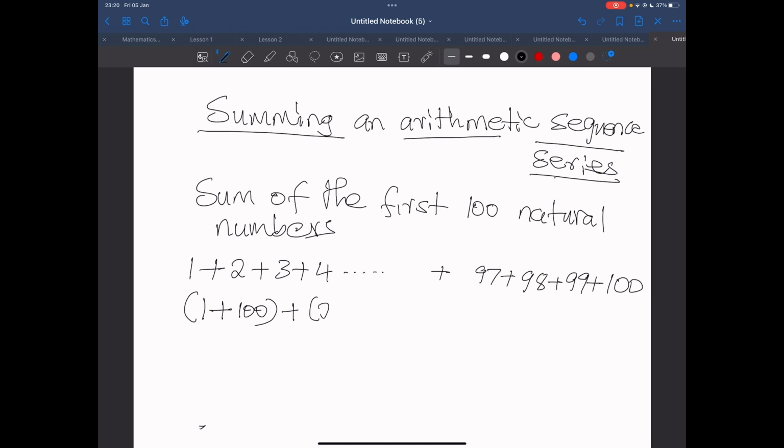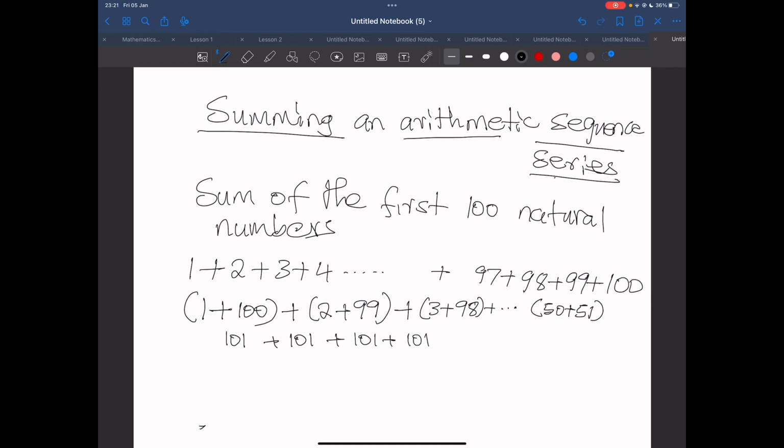He took the second term and paired it with the second last, which is 2 plus 99, and did that for all the terms. So it's 3 plus 98, and the middle ones were 50 plus 51. Now he realized that all the pairs give the same answer. They were all giving him 101.